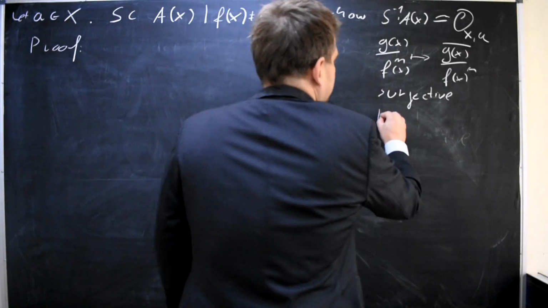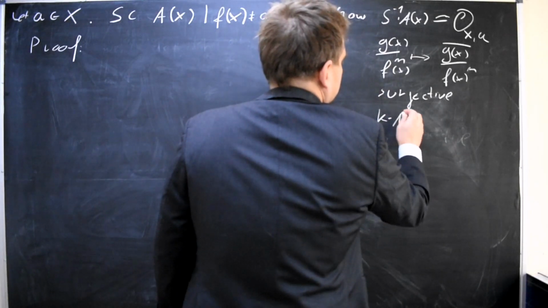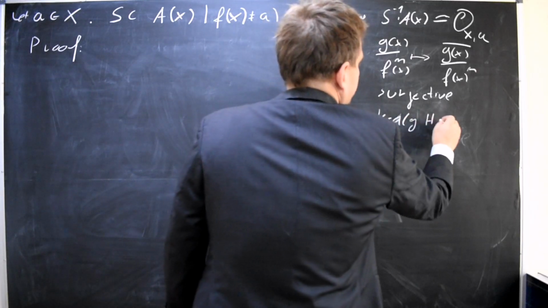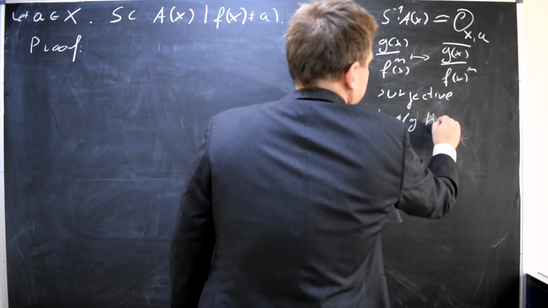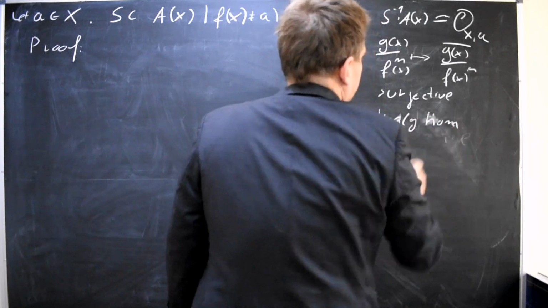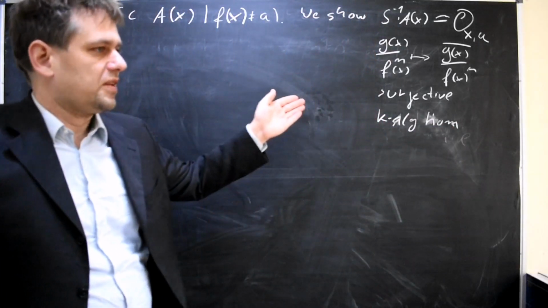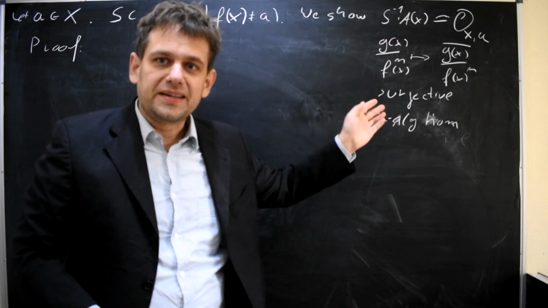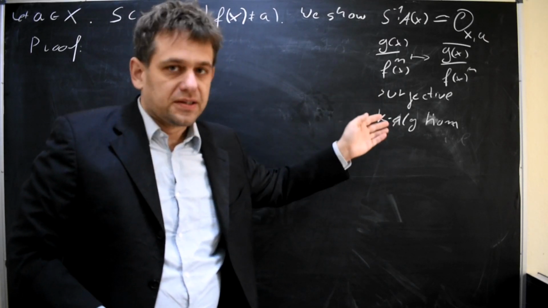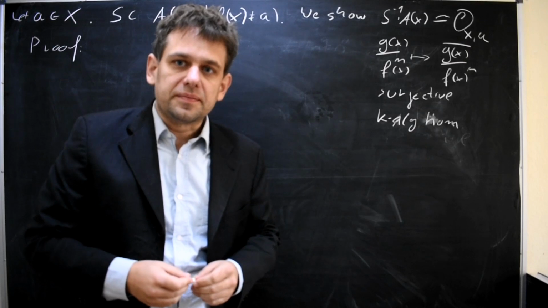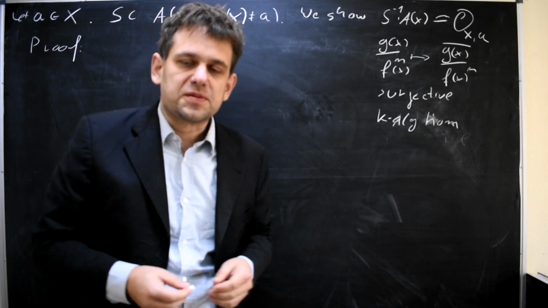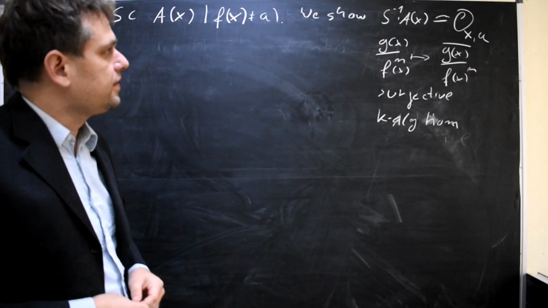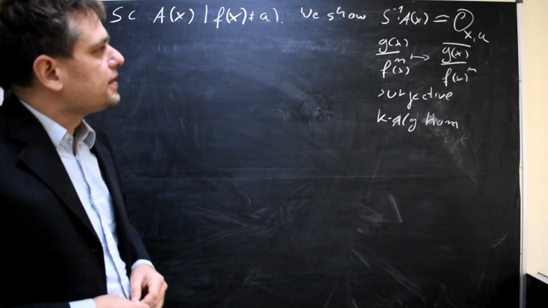Remember, a K-algebra homomorphism simply means that this is a homomorphism of rings, which is also a linear map, a vector space map, which is obviously true here for this map.